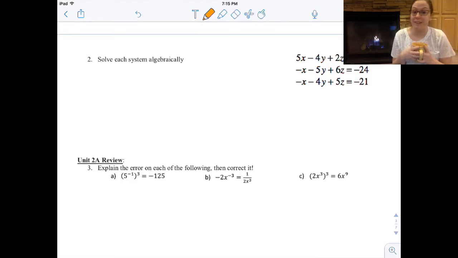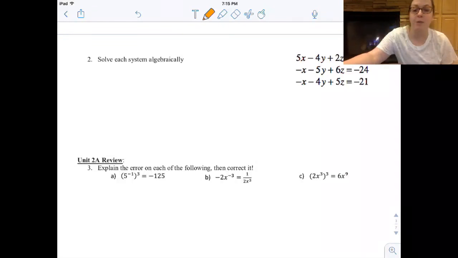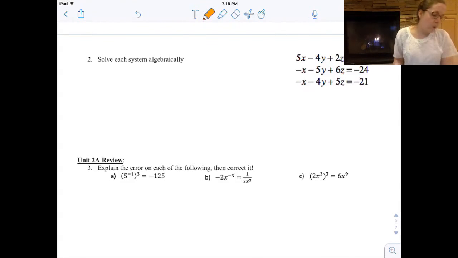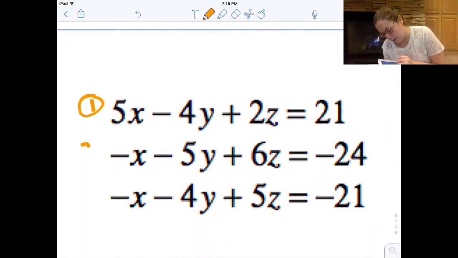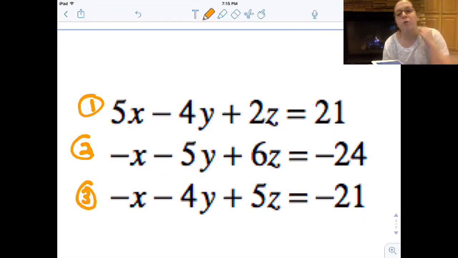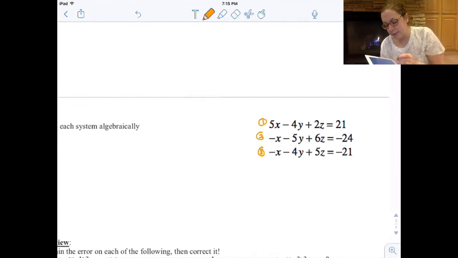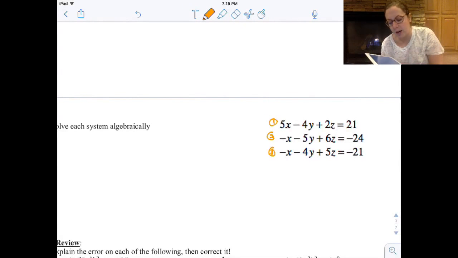So I am going to number these for the sake of making this a little easier. I'm going to call that 1, this 2, and this 3. And remember that we're using elimination. So I'm going to choose any 2 and do some elimination here. So I'm going to start, 2 and 3 is pretty obvious that I could eliminate those. So if I do 2 and 3, and these are right off your review sheet, so feel free to look at those as you're doing this, but I'm going to leave 2 alone.